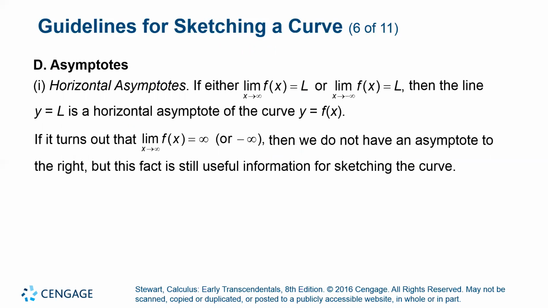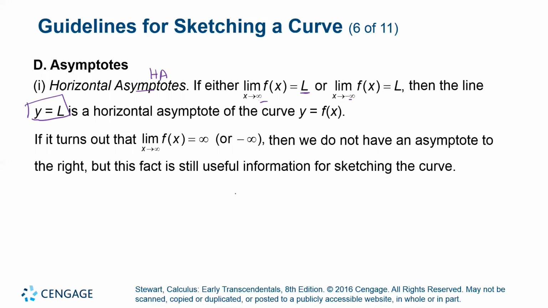Now D, finding the asymptotes. We have the HA, horizontal asymptotes, which involves finding the limits at infinity. If the limit as x goes toward infinity of f of x is equal to a value L, whether positive infinity or negative infinity, then the line y equals L is a horizontal asymptote.